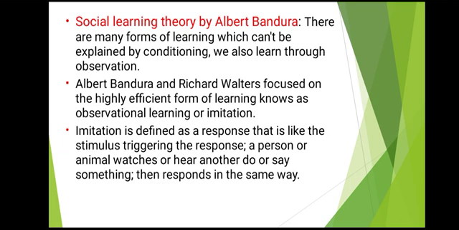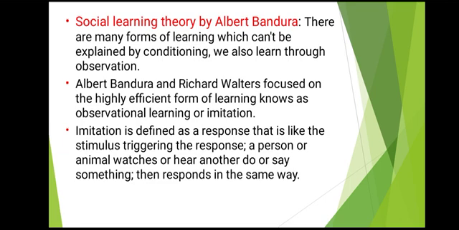The first theory was trial and error learning theory, given by Edward Thorndike. He conducted an experiment on a rat in a wooden maze. Then the second learning theory was classical conditioning theory, given by Ivan Pavlov, who conducted an experiment on a dog.